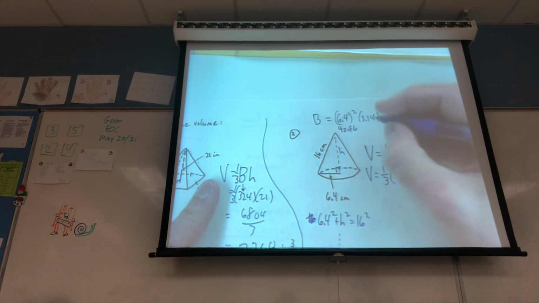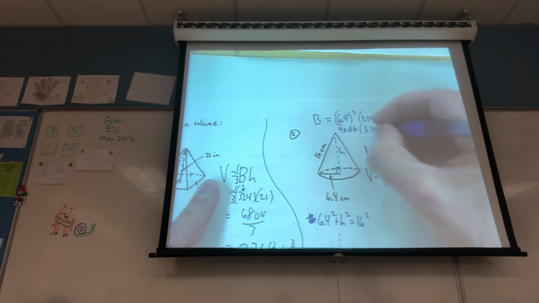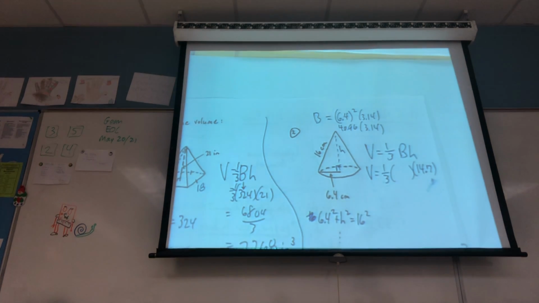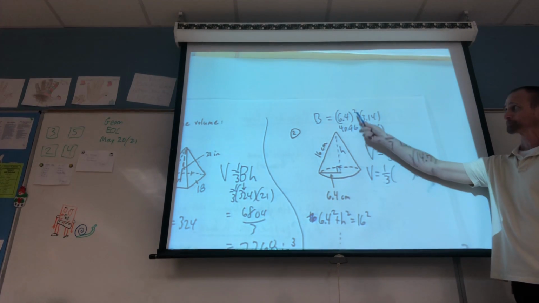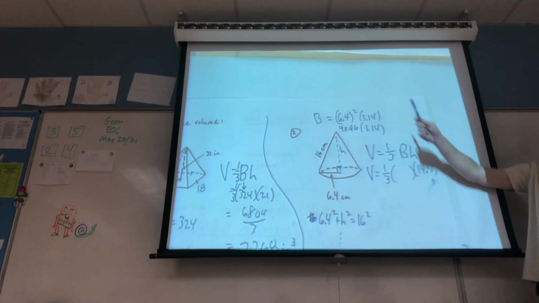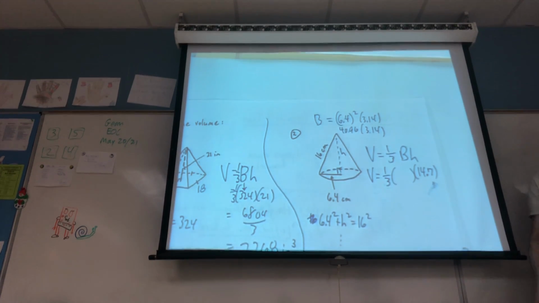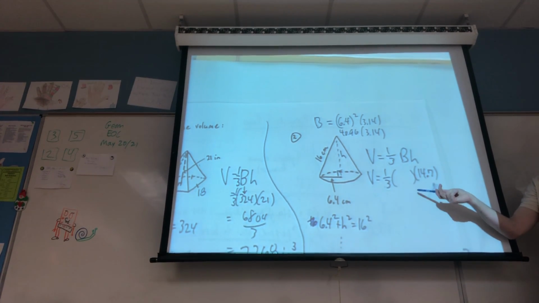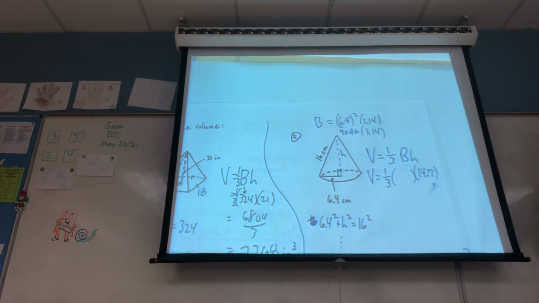Alright, good, so you've got a circle base. So on the side, you have to do pi r squared, so square your radius of 6.4, and then multiply that by 3.14. And since you already have decimals now, you might as well just use 3.14.